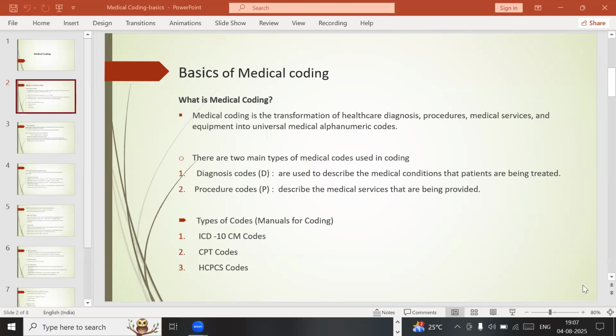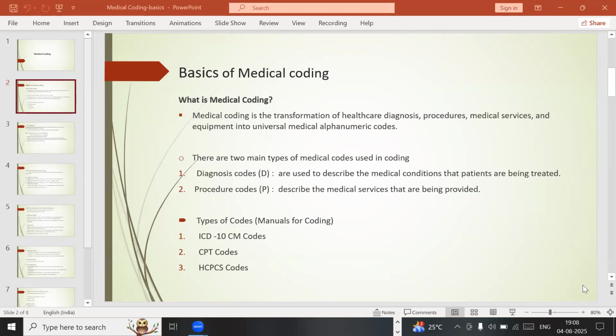So coming to medical coding, we do this medical coding for provider and facility. Provider coding and facility coding. Provider coding is nothing but doctor coding. Facility coding is nothing but hospital coding. When we work for provider coding, the bill for the alphanumeric codes that we report goes to doctors.